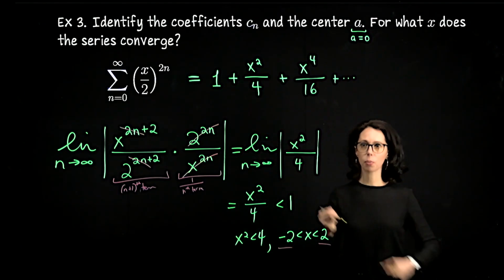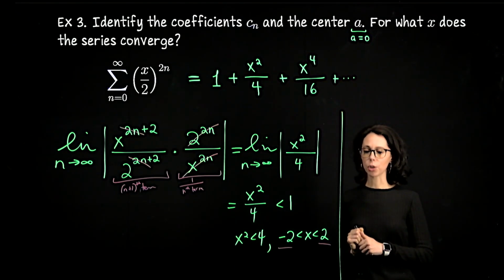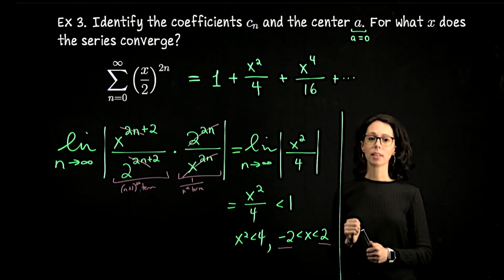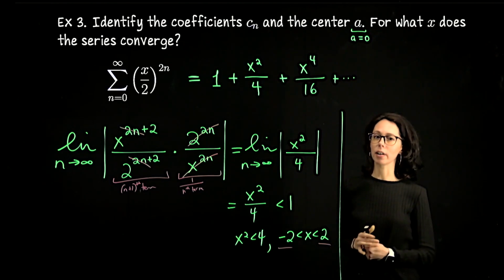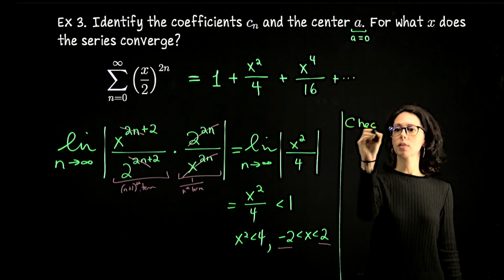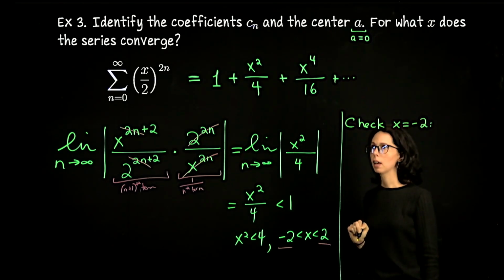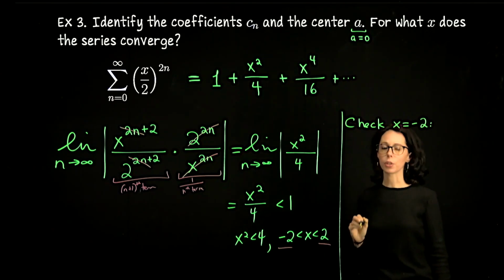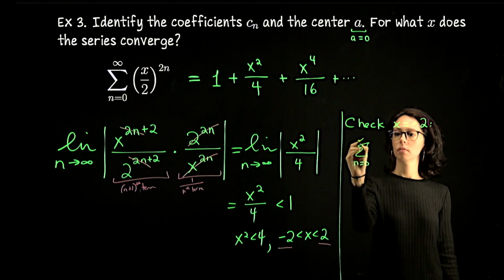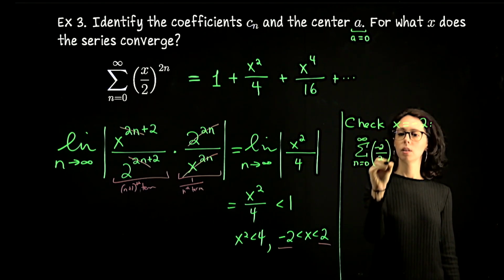Let's check -2 and 2 both individually. What that means is literally just take them and plug them into the series. It produces a series of numbers, and then we figure out if that series of numbers converges. So check x equals -2. When we put in x equals -2, we get -2 divided by 2 to the 2n.